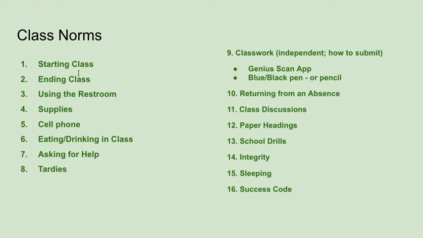Number 14, integrity. Integrity is defined as who you are when no one is looking. So if you are using your cell phone as an instructional device and the teacher says, yes, you can look for a picture on Google or research this topic, and you receive a Snapchat or TikTok notification, integrity is ignoring that notification to continue to use your phone as an instructional tool.